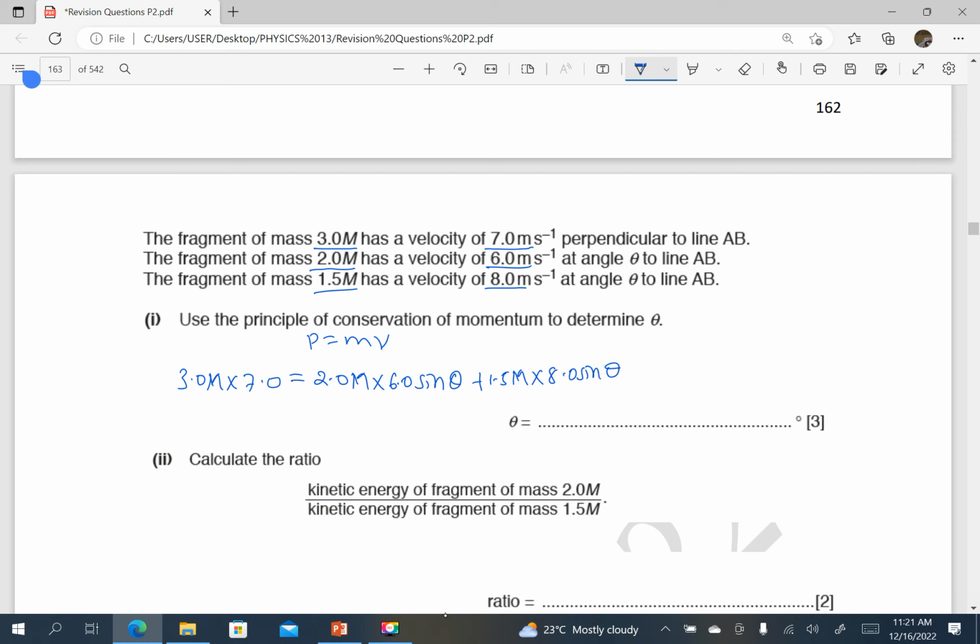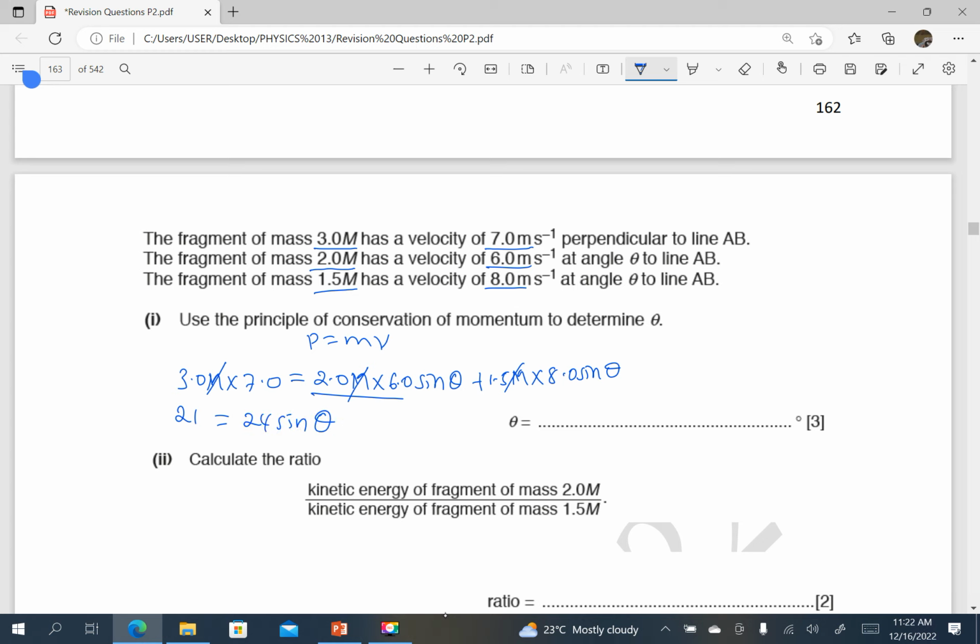So just simplify this. On this side I have 21m. m cancels out, it is a common factor everywhere. So I have 21 equals 2.0 times 6, that is 12, plus 1.5 times 8, which is also 12. So this is 12 and that is 12, giving us 24 sine theta.